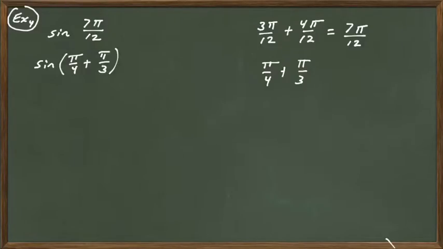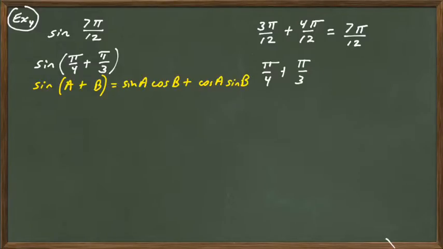Because pi over 4 plus pi over 3 is 7 pi over 12. Now we're going to fill in the rule here. The rule for sine of A plus B is going to be sine A cosine B, the same sign, so it's plus, the other way around, cosine A, sine B.